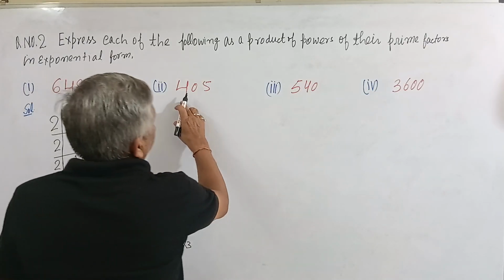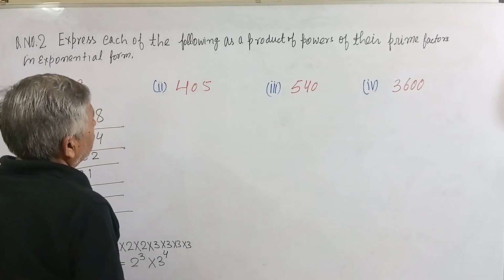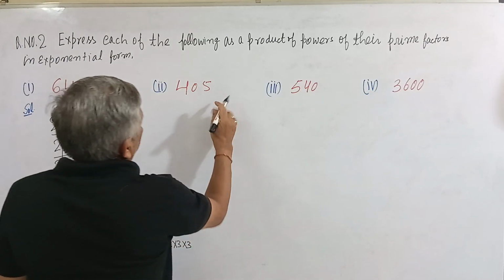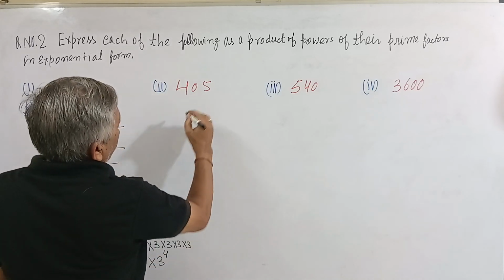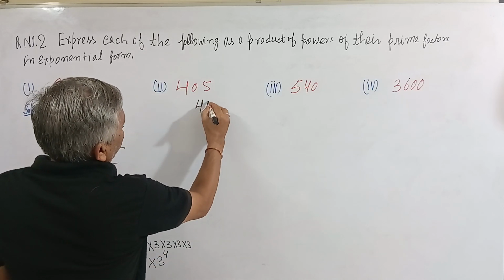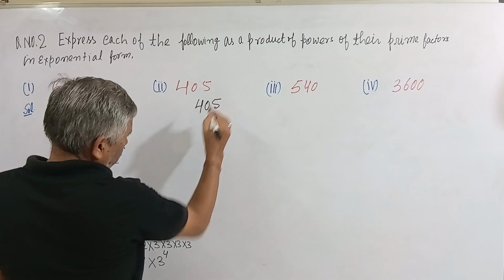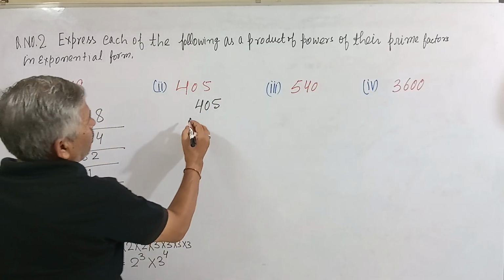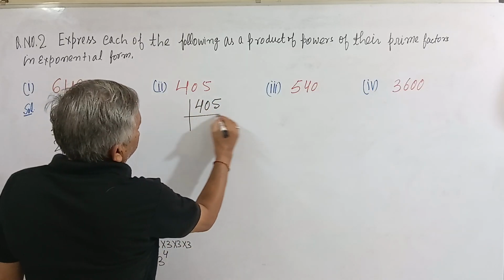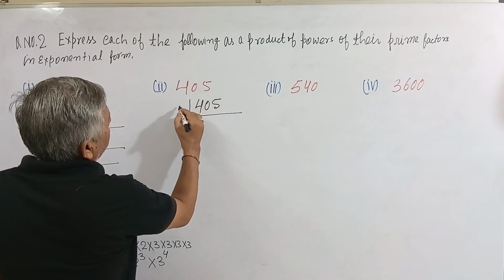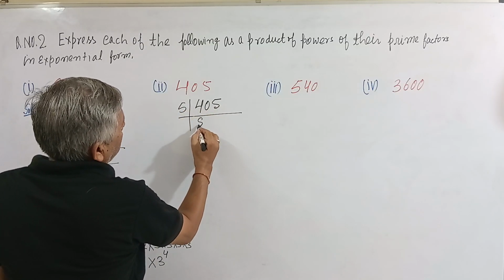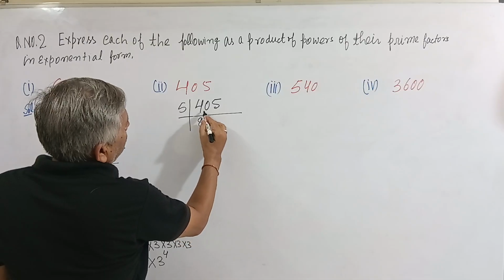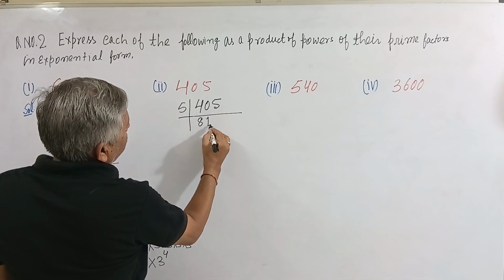Now I will take the question number second, that is 405. So I will take out the prime factors. The factors of this will become, it will be divided by 5. 5 8 ja 40, 5 1 ja 5.